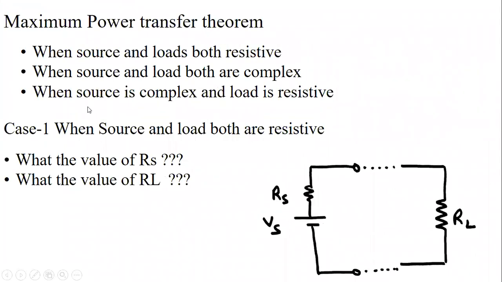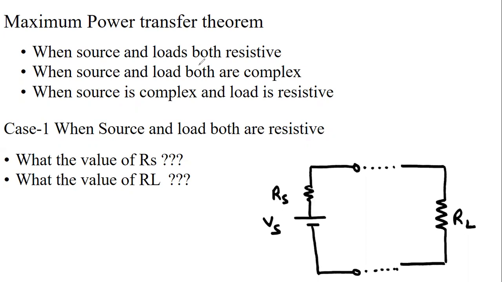Now see, the maximum power transfer theorem, a very important theorem. We will discuss it because the equivalent of a circuit can be converted into a resistance and voltage source, with a load connected between the terminals.